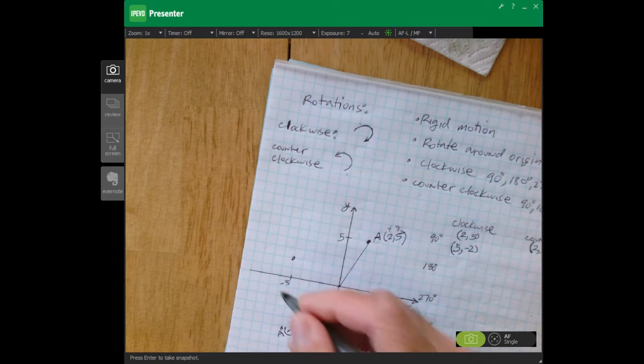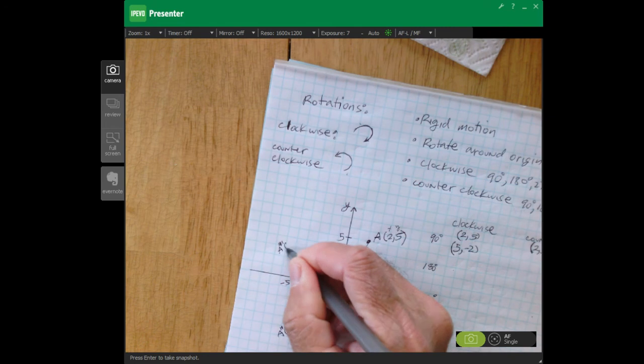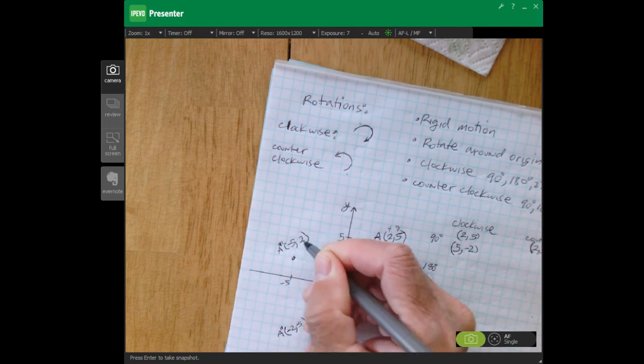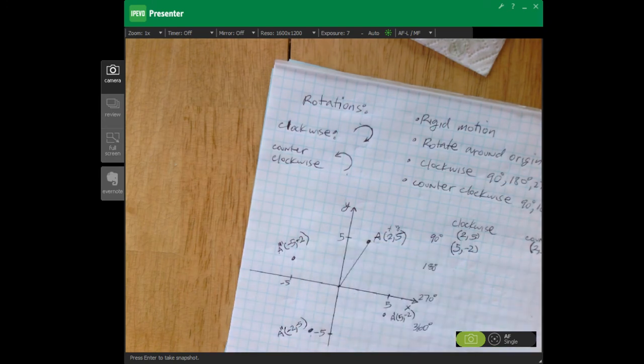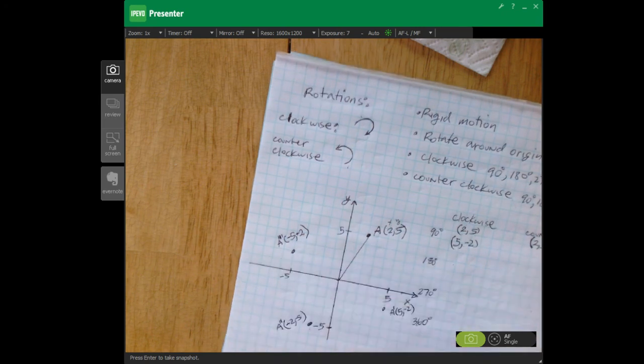We'll call that point A triple prime. The y value changed from a negative to a positive, and that's the last one.